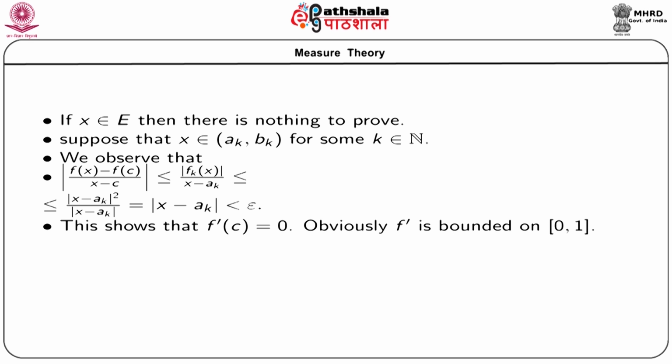And obviously, from the definition, f' is bounded on the closed interval [0, 1]. So, we have an example of a function f on the closed interval [0, 1], which has a bounded derivative at all points in [0, 1].